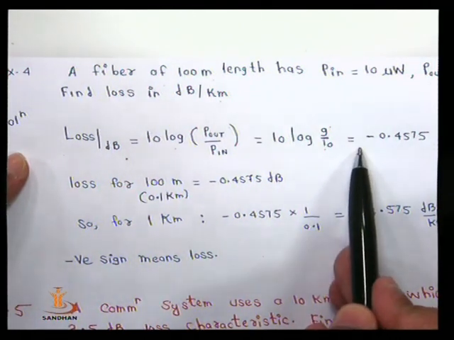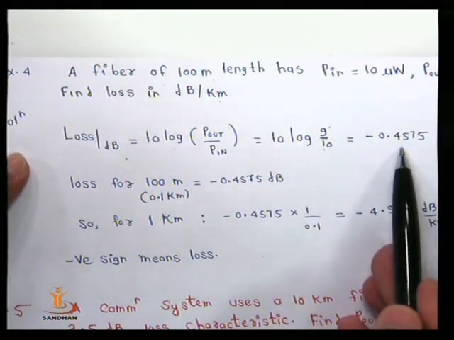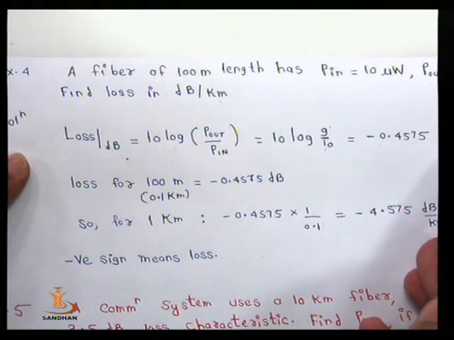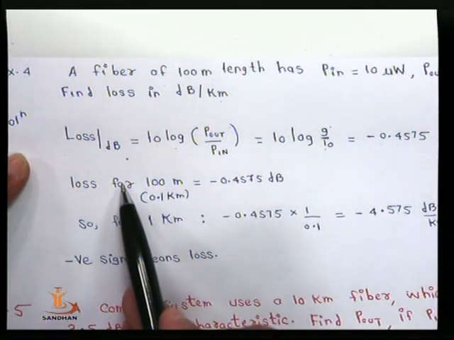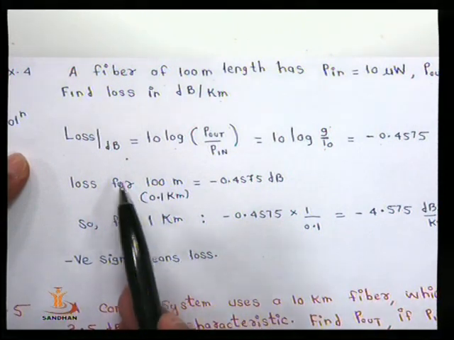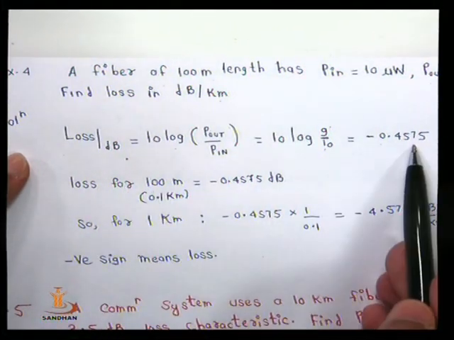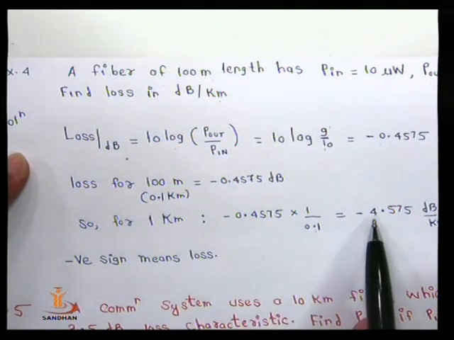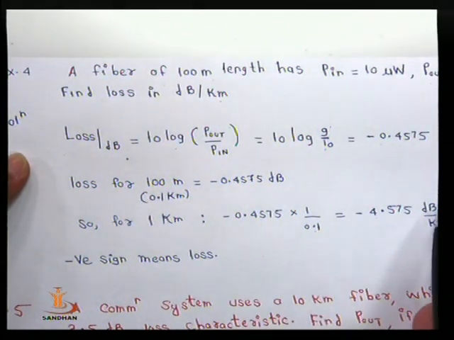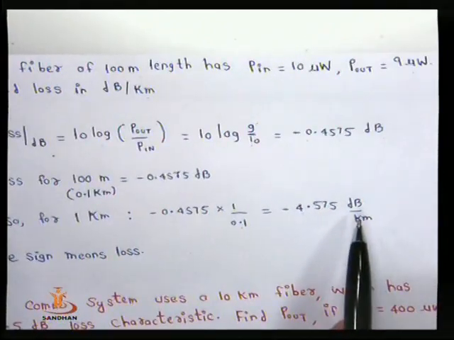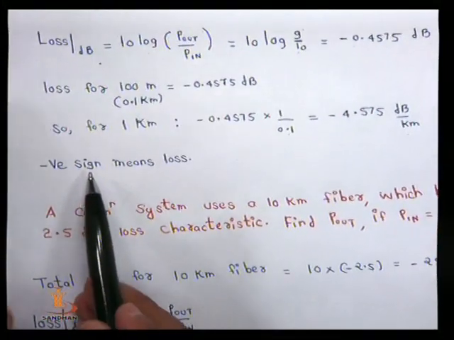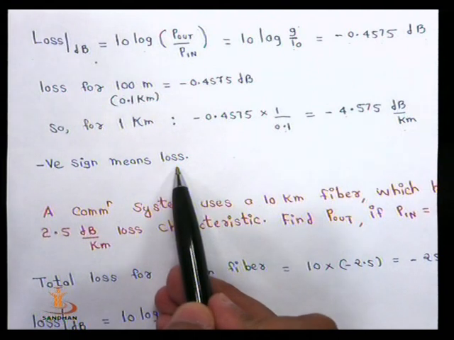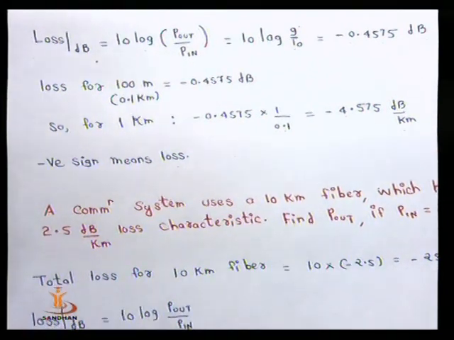The answer is minus 0.4575 dB. Here we are getting the loss for 100 meter. So for 1 kilometer it is divided by 0.1 and gives minus 4.575 dB per kilometer. Here the negative sign means loss in a fiber cable.